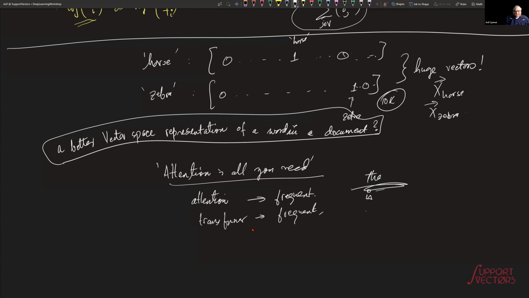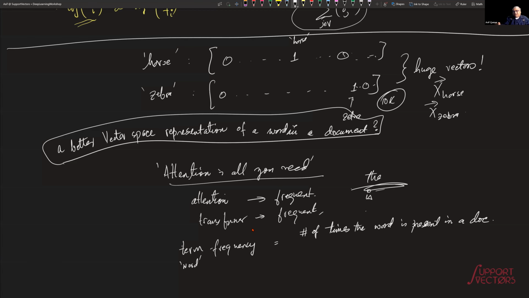So first let's get the terminology right. Term frequency. Term means a word. Frequency. People use the word term, but just think of it as a word. Word frequency is equal to the number of times the word is present in a doc.